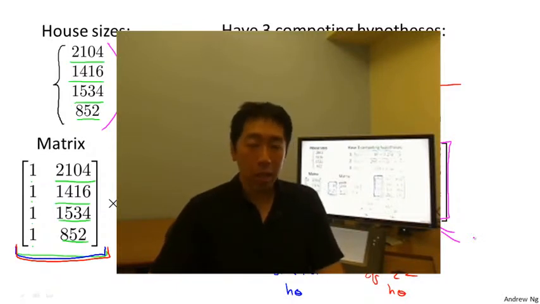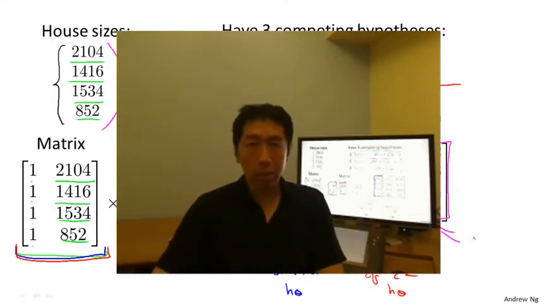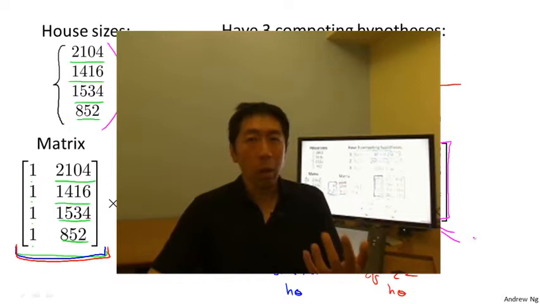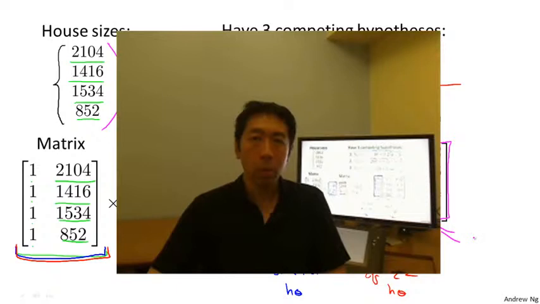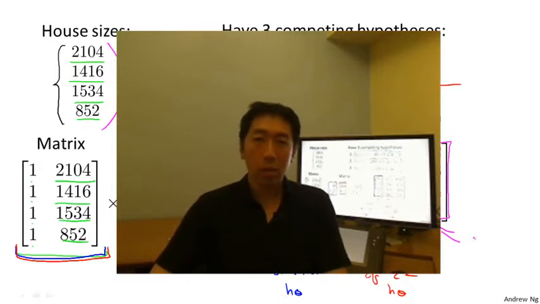And there'll be good linear algebra libraries that are highly optimized in order to do that matrix multiplication very efficiently, including taking advantage of any sort of parallel computation that your computer may be capable of, whether your computer has multiple cores or multiple processors, or within a processor sometimes there's parallelism as well, called SIMD parallelism, that your computer can take care of. And there are very good free libraries that you can use to do this matrix multiplication very efficiently, so that you can very efficiently make lots of predictions of lots of hypotheses.